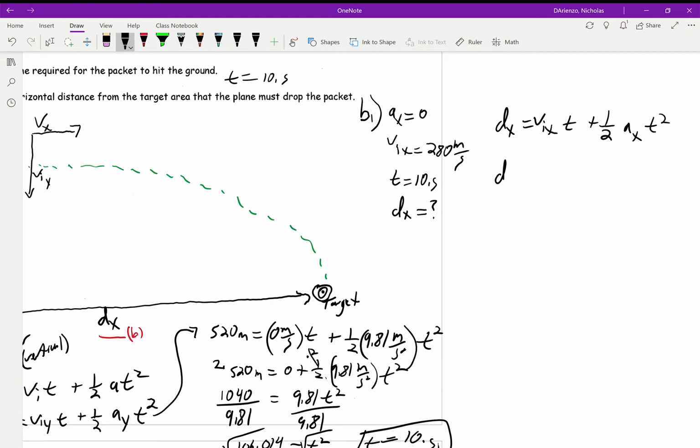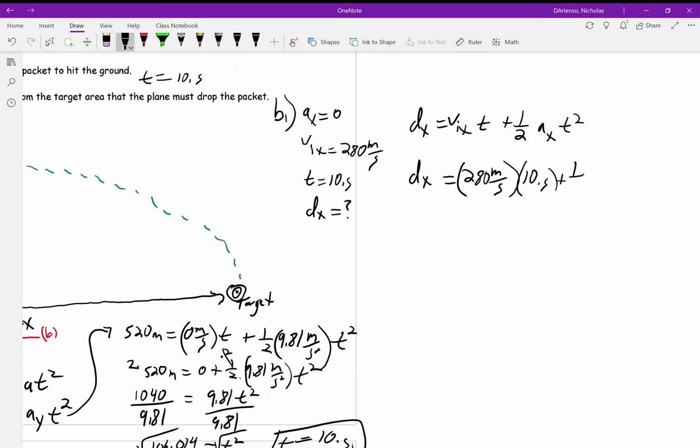Distance in the x we don't know. The initial velocity in the x is 280 meters per second. Time is 10 seconds. Plus 1/2 acceleration in the x is 0. And that's because we have the same speed as the plane, which is not accelerating. Otherwise, we'd be indicated of that.